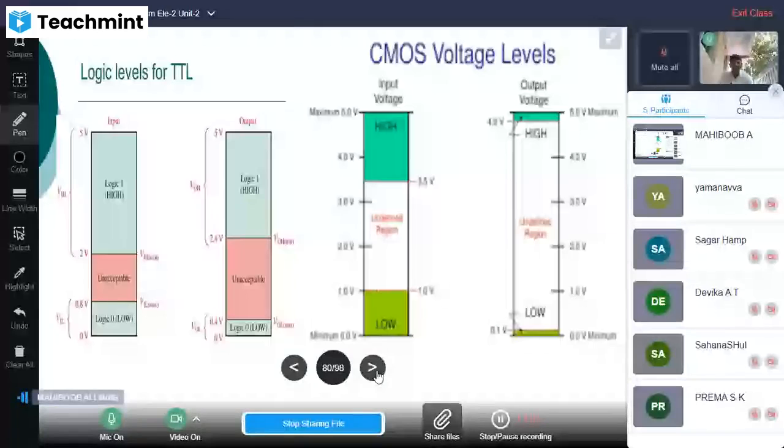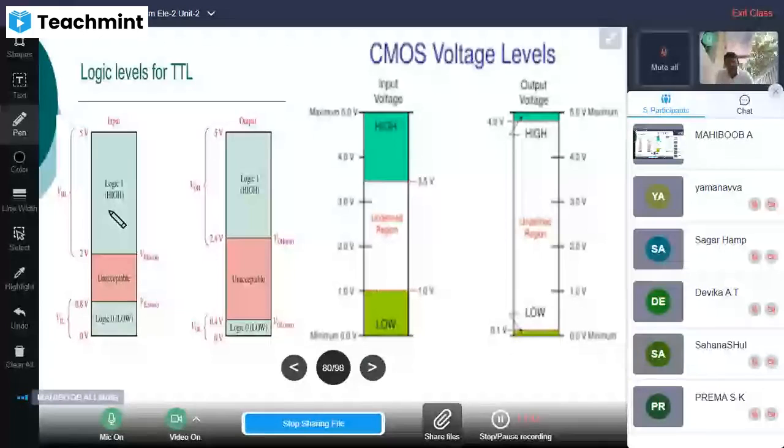Similarly, there are logic levels for TTL gates as well as CMOS gates. For TTL, I already told you, 0 volts up to 0.8 is low only. This is logic low. When it crosses 0.8, it enters what is called the unpredictable, or forbidden, region. And above 2 volts it starts entering logic high.